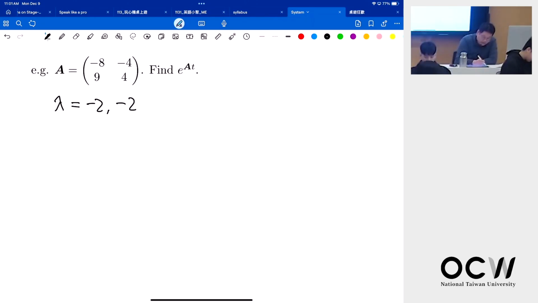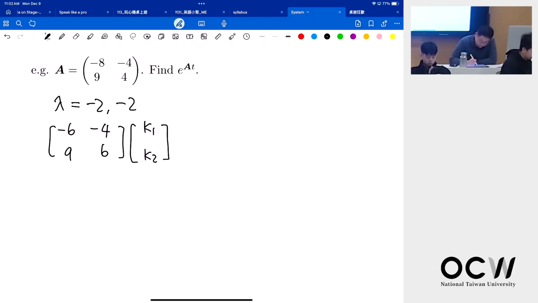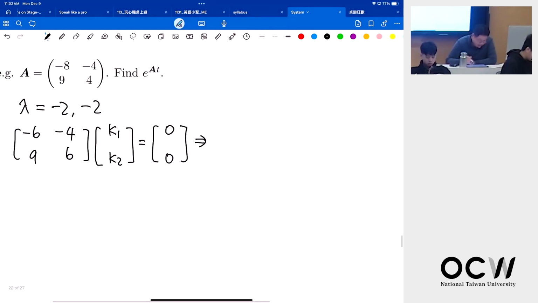To find the eigenvector, [-6, 9; -4, 6] times [k1, k2] is 0. So my first eigenvector, 3k1 plus 2k2 equals 0.